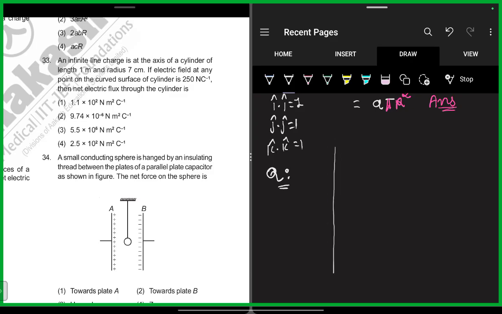This is our infinitely long charge and it is at the axis of a cylinder. The length of the cylinder is 1 meter and the radius is 7 centimeter.